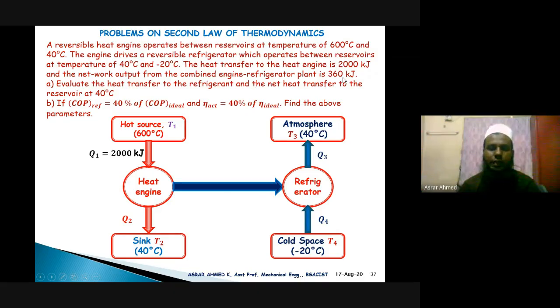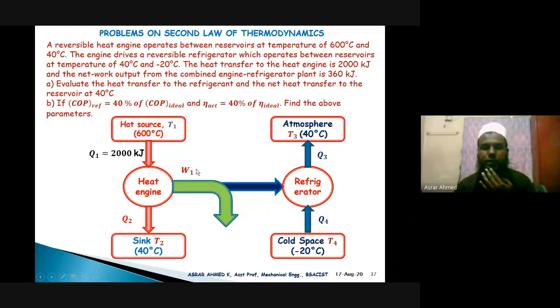So how can it be? Let us say that W1 is the total work produced by the heat engine. Let us say W1 is, for example, 100, and W2 is, for example, 40.